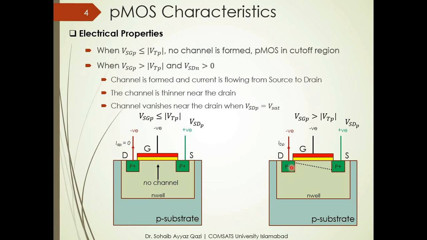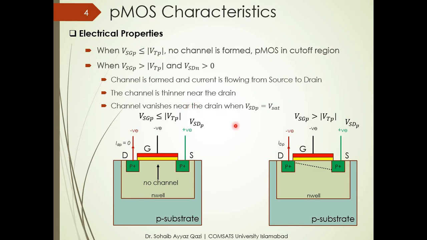Why it is thinner here has the same phenomena which we have studied for the NMOS. I would recommend that you listen again to the video on the IV characteristics where we studied the varying channel for NMOS and understand it once more. That will clear all questions here.